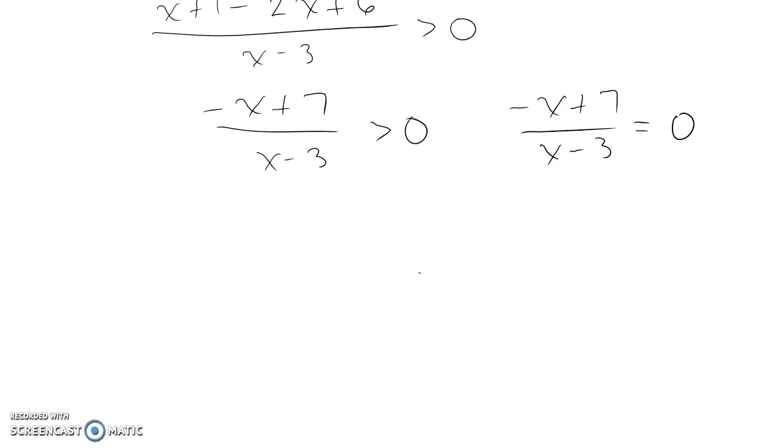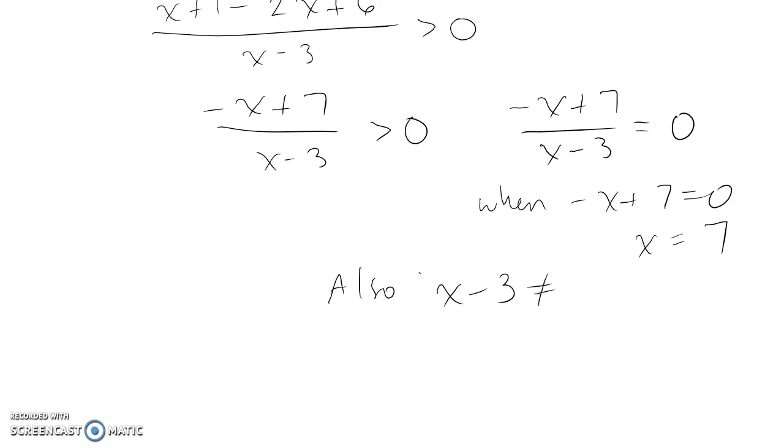The expression is equal to 0 when -x + 7 = 0, and that's true when x is equal to 7. But something else we have to be really careful about: since this is a rational expression, x - 3 cannot equal 0. So that means x cannot equal 3.